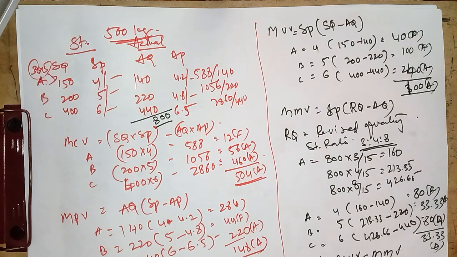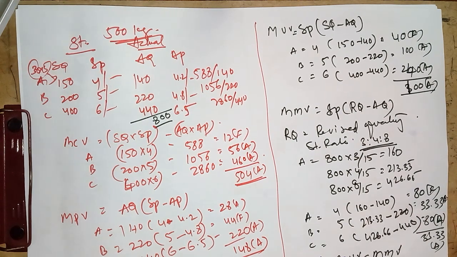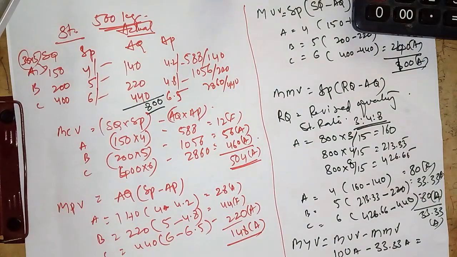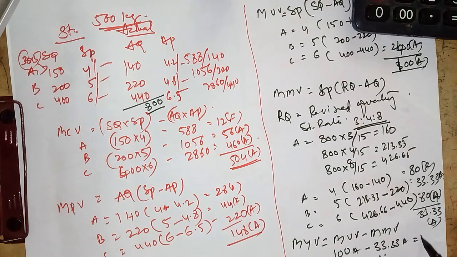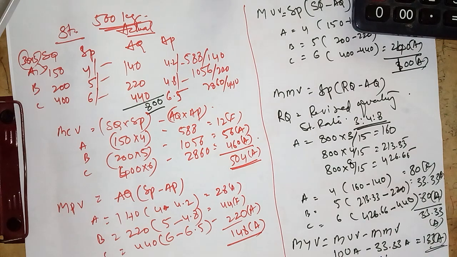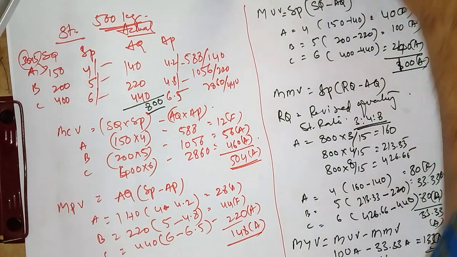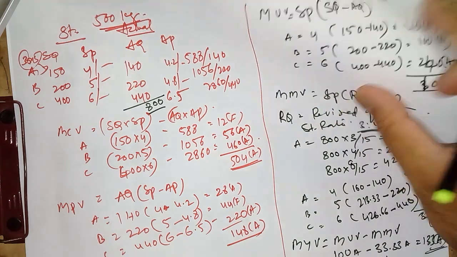MUV is 100A minus 33.33A, so 133A is our answer, MYV. So like this also you can calculate, right? So once this is done, we will do one more sum.